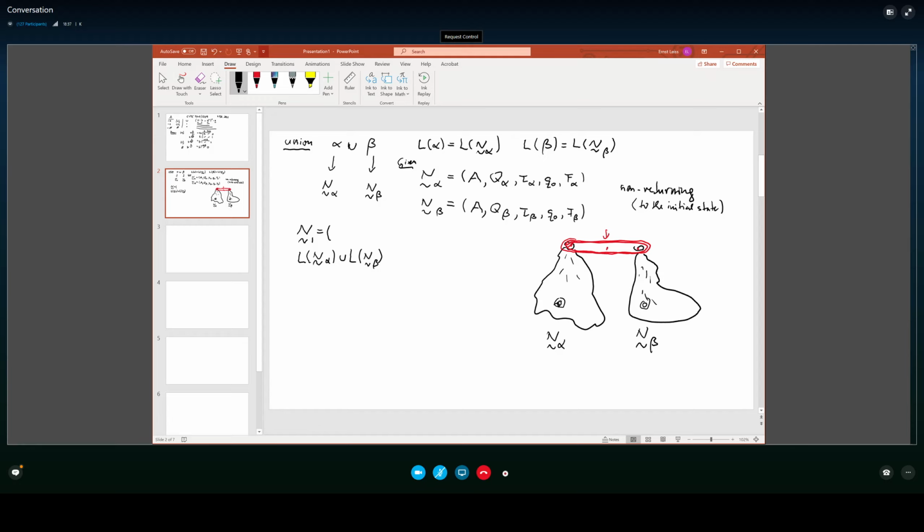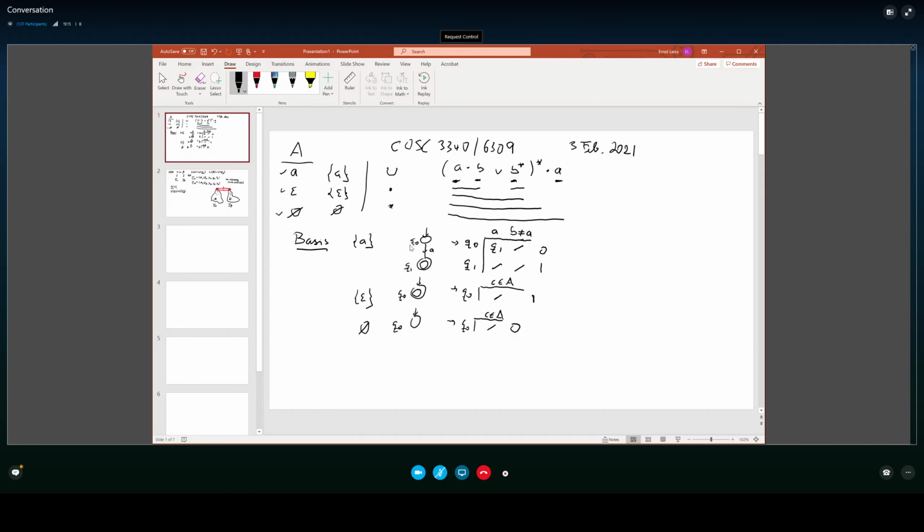That looks complicated, but you can completely ignore it, because the construction is such that if you have a non-deterministic finite automaton with that property, and you apply any of the three constructions, union, concatenation, or star, you will again get an NFA with that property.